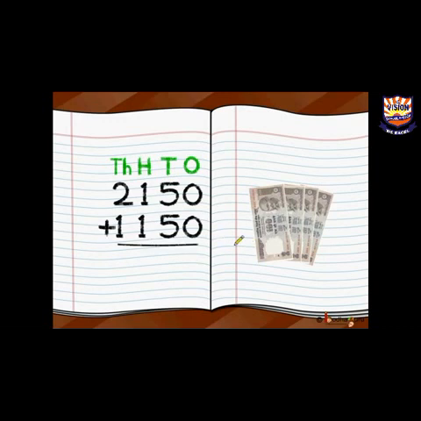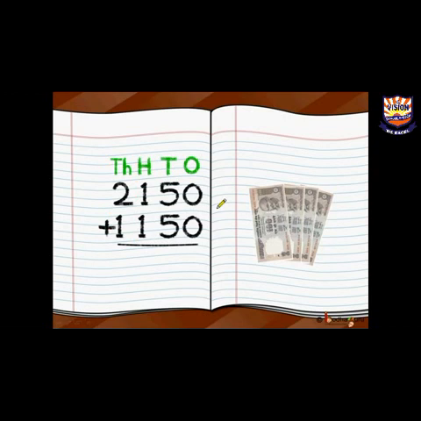Students, for adding these numbers we will first add the ones place values. After adding the ones place, we will add the values of the tens place, then the hundreds place, and then the thousands place. Means that here we will add numbers from right to left, ones to thousands.